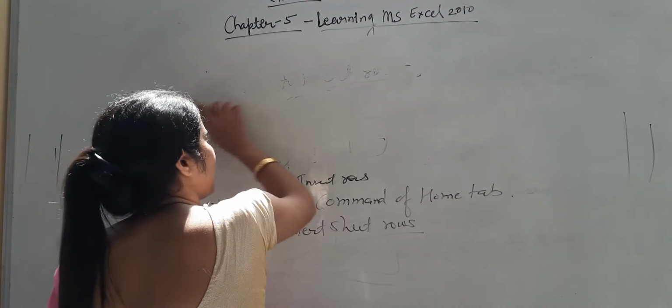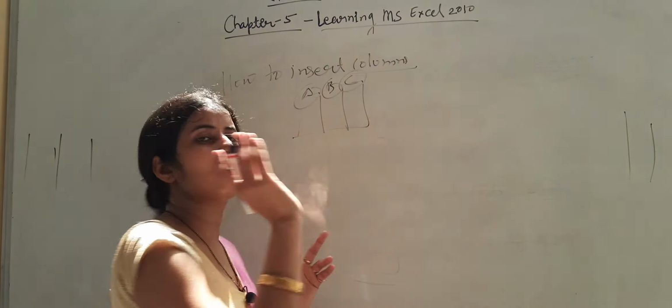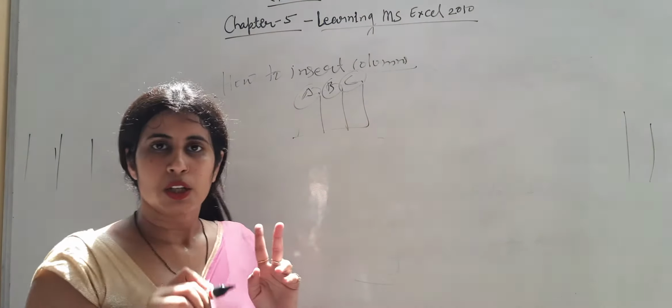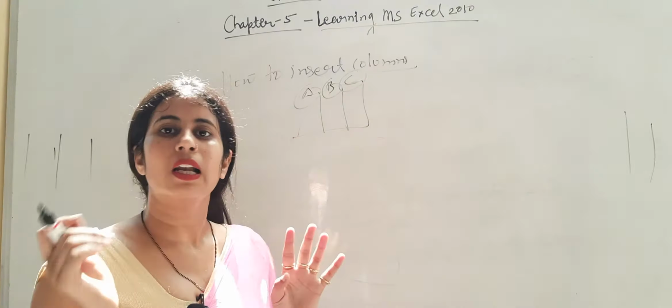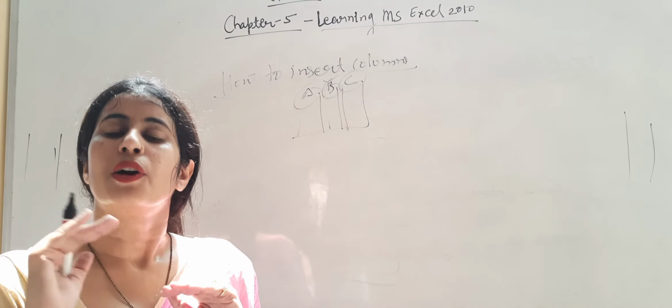Before or after, if you want to insert a column, suppose you want to insert a column near B, it will insert a column near B. So you have to place the mouse pointer here. Now right click, and it will ask you insert left or insert right. That means whether we want to insert to the left of B or to the right of B. You have to choose this from there. So you are able to insert a column.